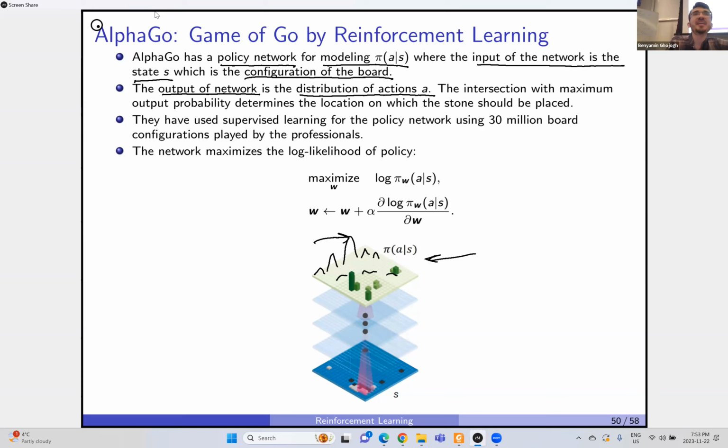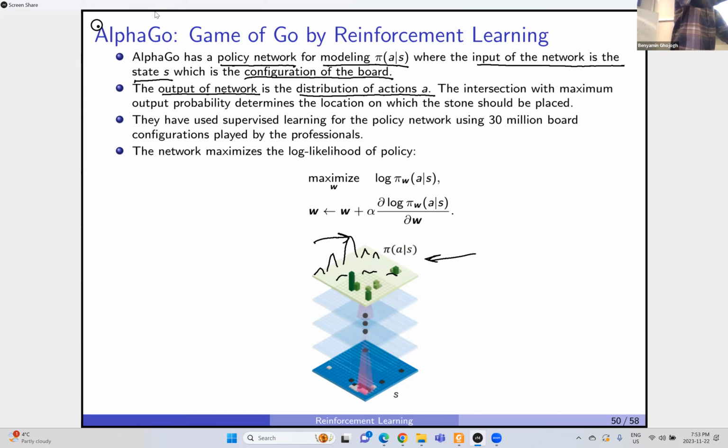And what do they do for training? They use supervised learning first. So it's a stage-wise training. In this stage, they are using supervised training. What do I mean? They have pairs of states and best actions. In this configuration of the board, what is the best action? How do they know that? By professionals.